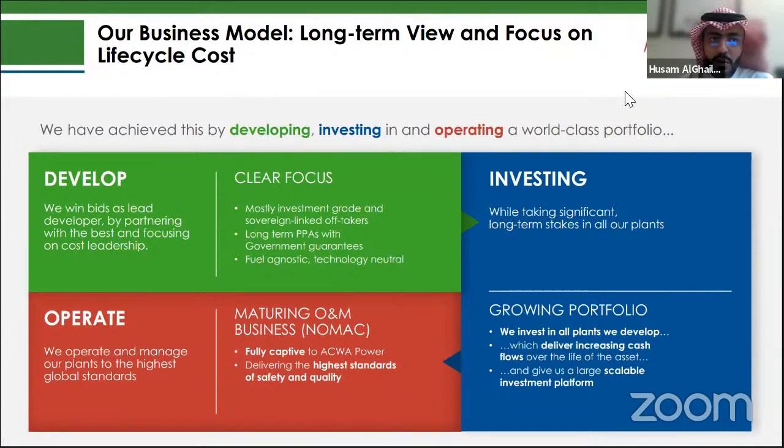As a long-term owner, we make sure that at the end of the day, what we own will bring us the values that we expected when we built those plants. And being the operator means that the burden of operating those plants will be on us through our subsidiary Nomac, so whenever we select the configurations, we make sure that our operator is also working with us in those evaluation and selection decisions.